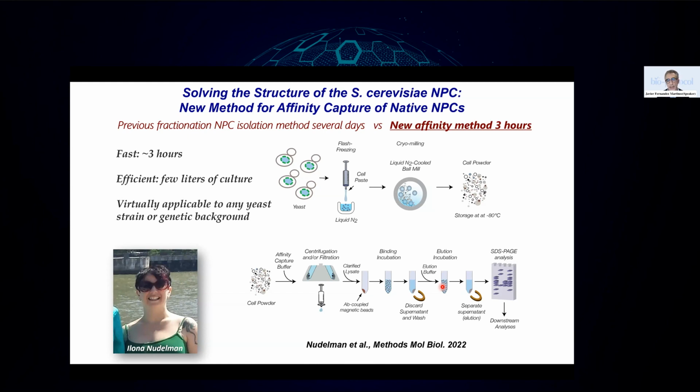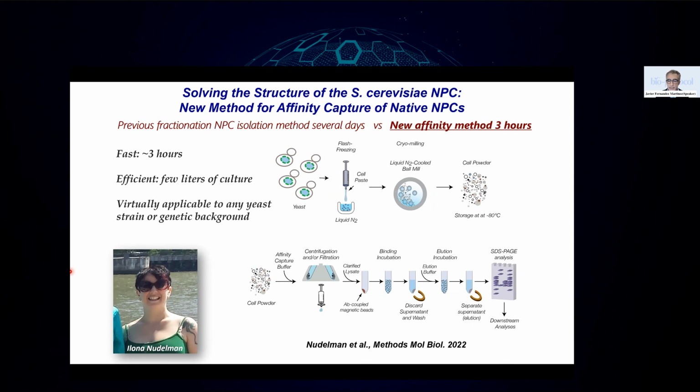Compared to days, we are able to get these NPCs in a matter of a few hours. It is very efficient. We don't need huge amounts of material to obtain these NPCs, and on top of that it is virtually applicable to any yeast genetic strain or genetic background that we can imagine. So with all those advantages in hand, we decided this was the method to use.